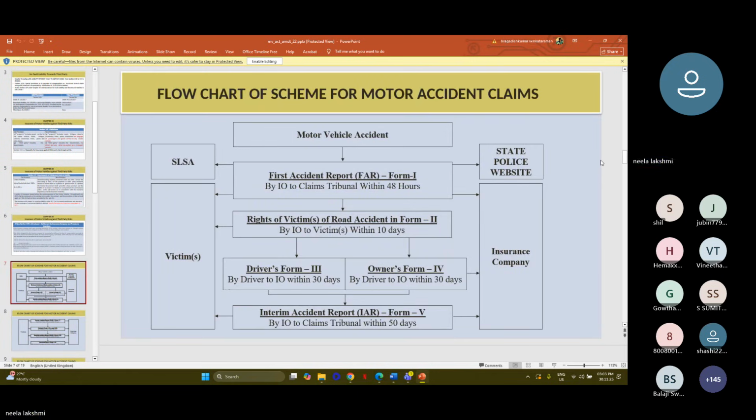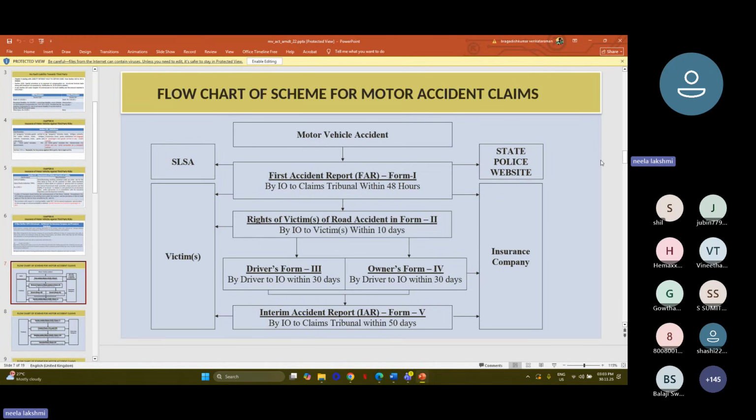Okay. First of all, you should understand how the third party claims were filed before this 2019-2022 amendment. Whenever the accident happens, the police files the FIR.